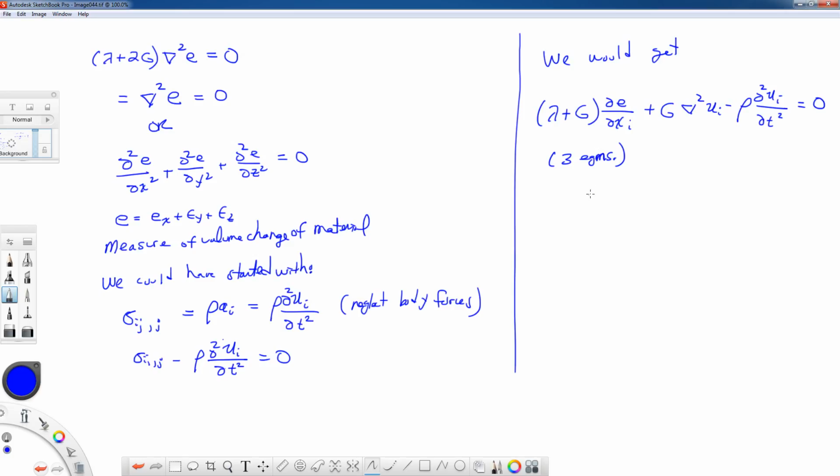Now suppose we have no volume change in the material. Then its partial derivative with respect to any one of those spatial coordinates would be 0. So that first term would go away. When the first term goes away, we have g del squared ui is equal to rho second partial of ui with respect to time. And we get our first of our wave equations.